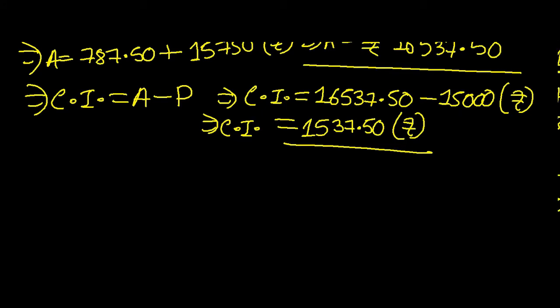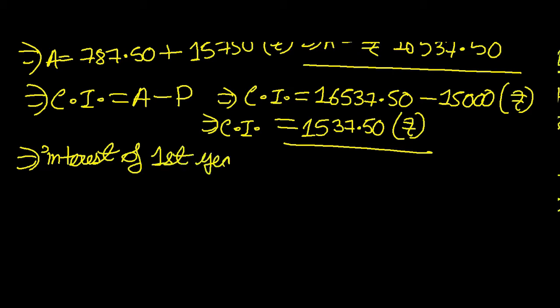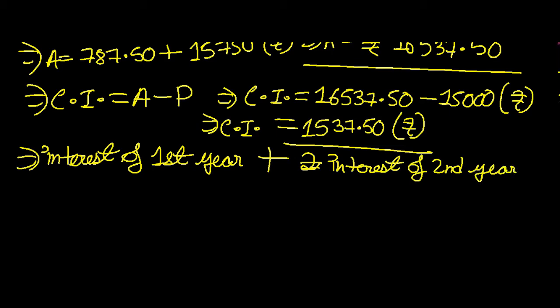So we can also calculate it as interest of first year plus the interest of second year, and this is equal to the compound interest or the CI.